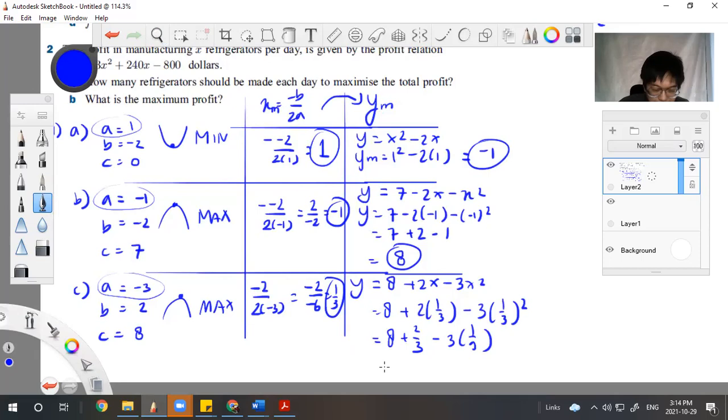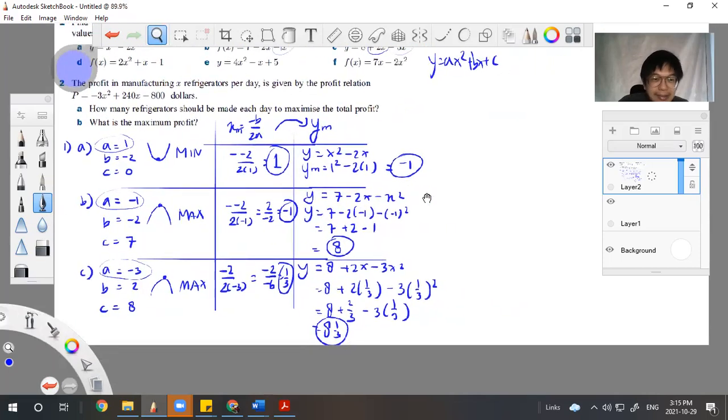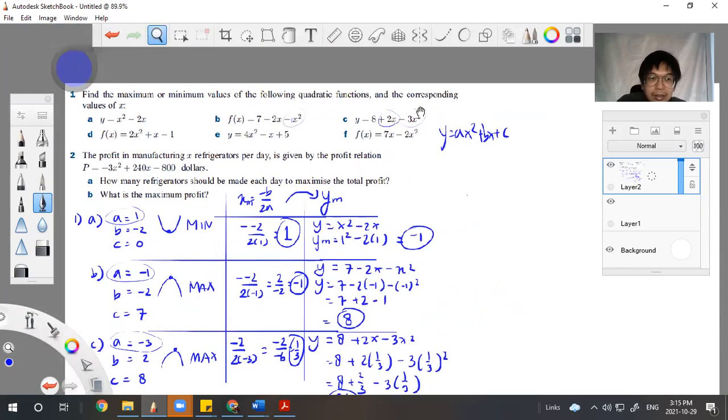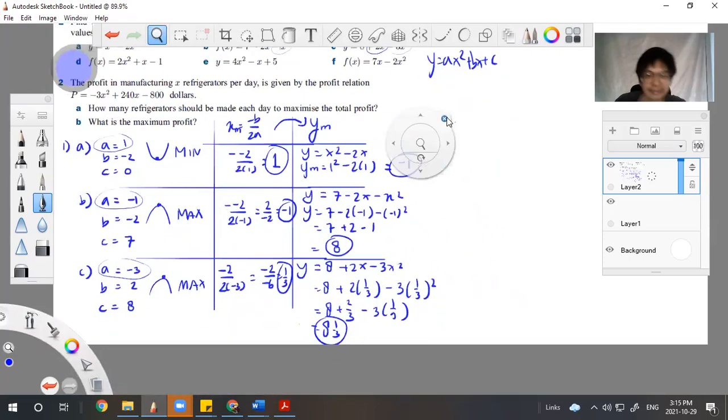The answer is 8 1 over 3. So later on we will prove whether it is maximum or minimum, and we will use the tools to graph. Okay, done. This will be the answer, right? Y is the value. This will be your answer.